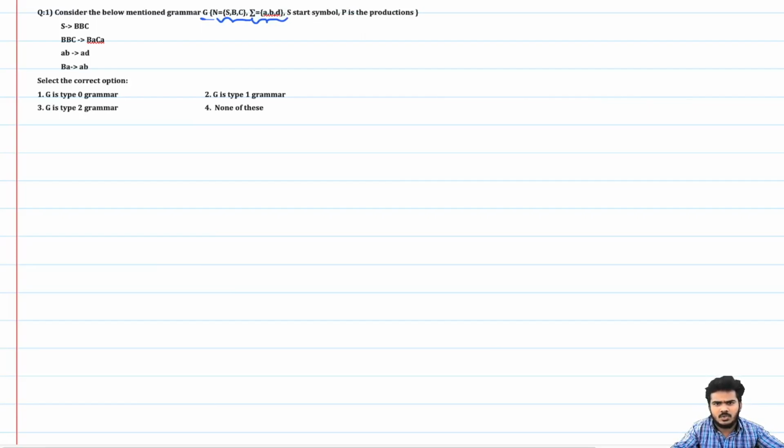S is the start symbol, and P are the productions. So we can say that these are the productions. And we have to choose the correct option.